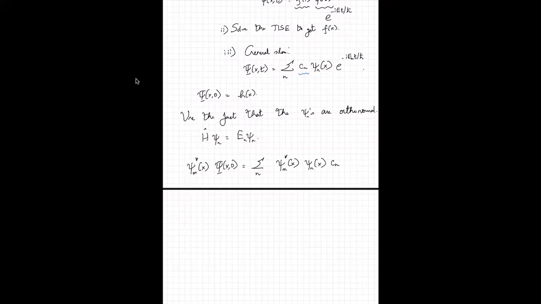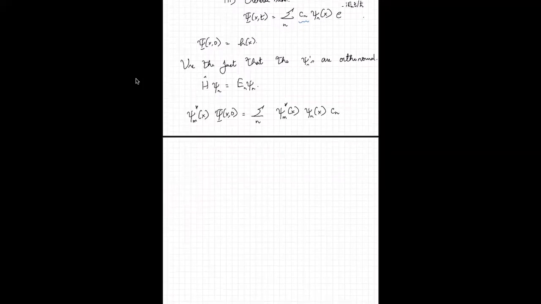Okay. Now I will integrate both sides of this equation with respect to dx. Equals, I can pull out the summation because the summation and the integration over x have nothing to do with each other. And I can pull the Cn's also because they are constants. This integral of psi m star of x, psi n of x, remember, because of the orthogonality of the psi_n, is basically delta nm.